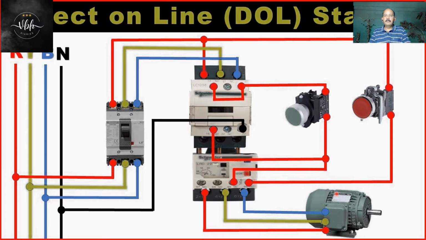So this is the power circuit of normal DOL starters. Only based on our ratings, the contactor, overload relay and the MCCB or MPCB incomer will change in size, otherwise the whole power circuit remains the same.